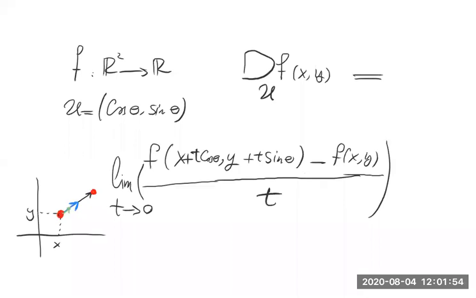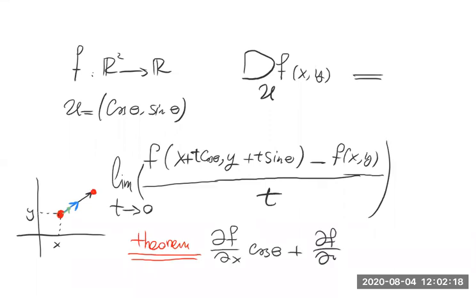But the good thing is that there is a theorem, a chain rule kind of theorem, which says there's an easier way to compute this derivative. What is the easier way? Well, this derivative is equal to the partial derivative of f with respect to x times cosine of theta plus partial derivative of f with respect to y times sine of theta.